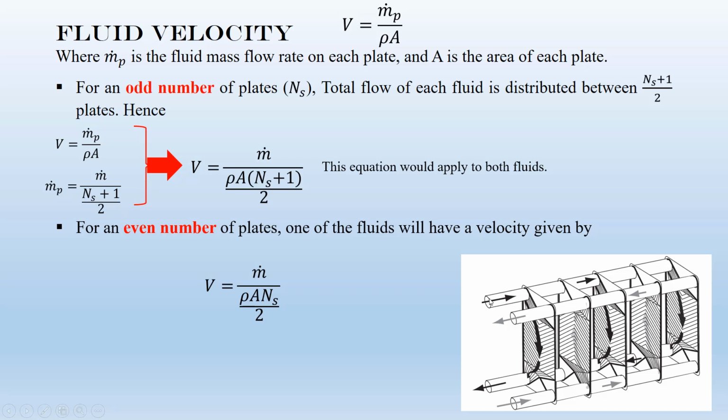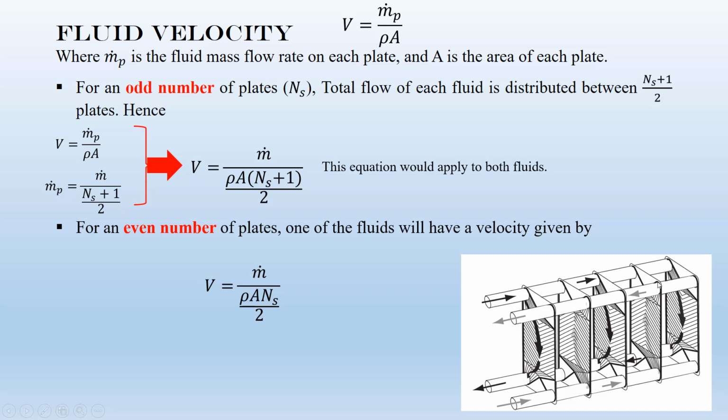So this flows over 3 plates, or over NS over 2 plus 1. Here we have 4, and then the hot fluid flows over 3 plates, or NS 4 over 2, which is 2, plus 1, which will be 3.